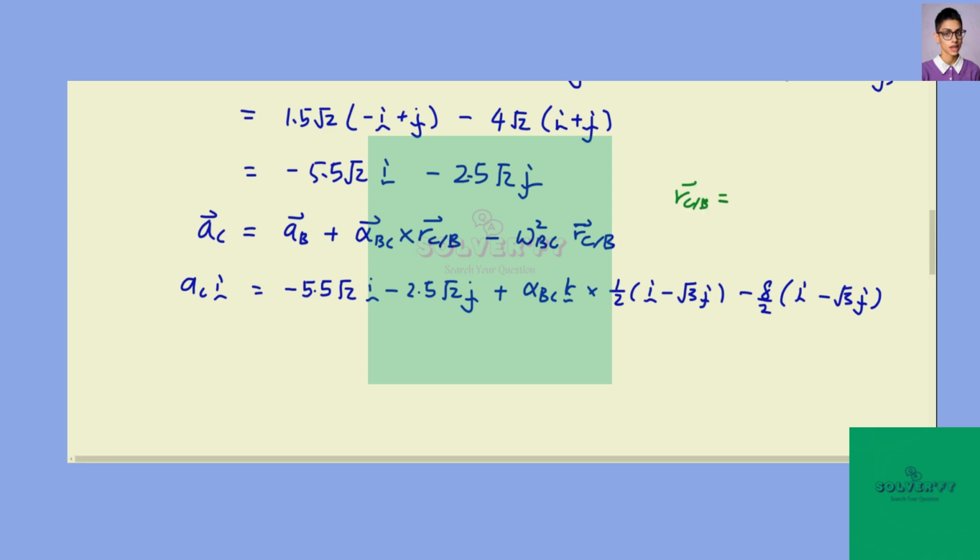RC relative to B is cosine 60 degrees I minus sine 60 degrees J, which is half (I minus root 3 J).